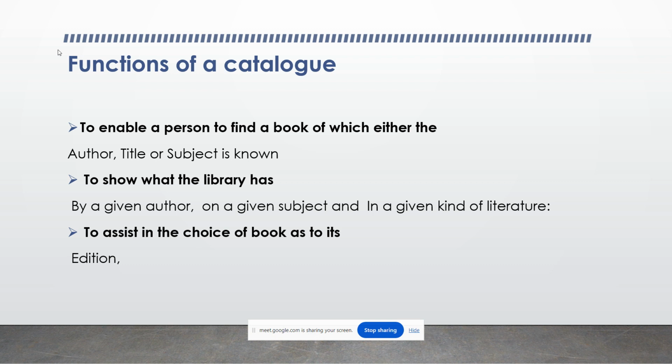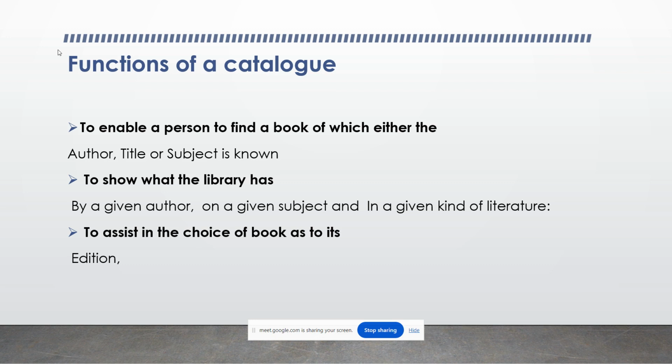It's also to show what the library has. So if you have the author or a subject of a given kind or a given kind of literature, you can search within the catalogue to see whether or not we have that resource.